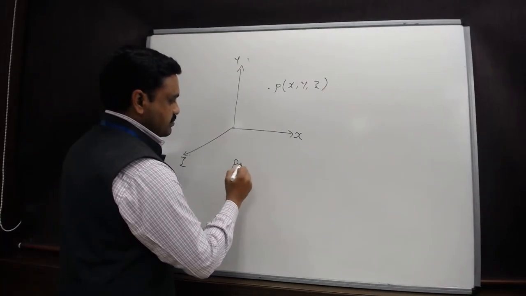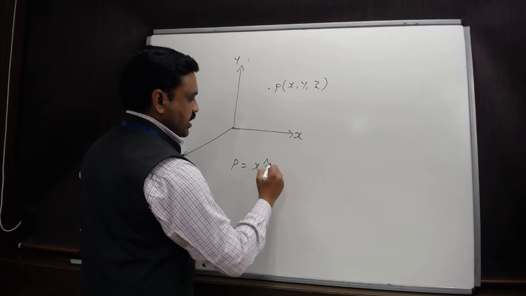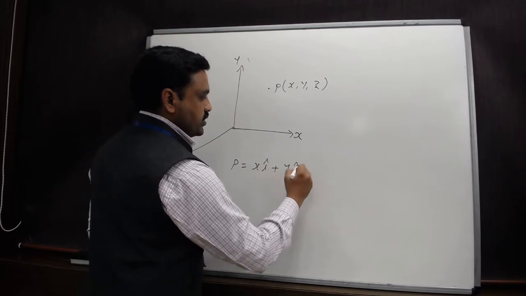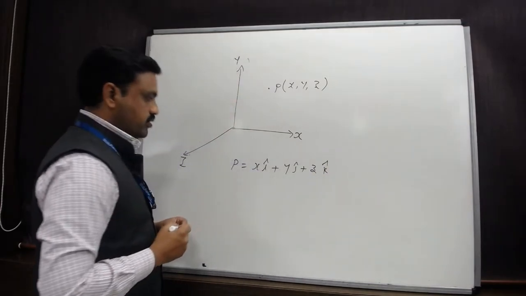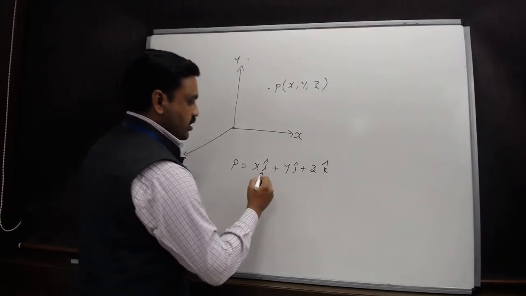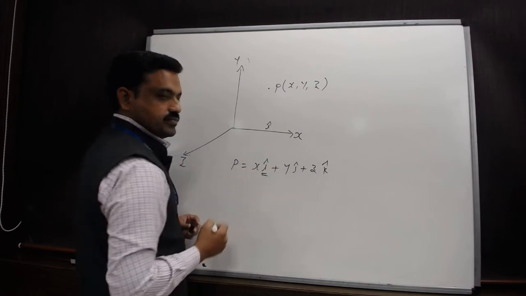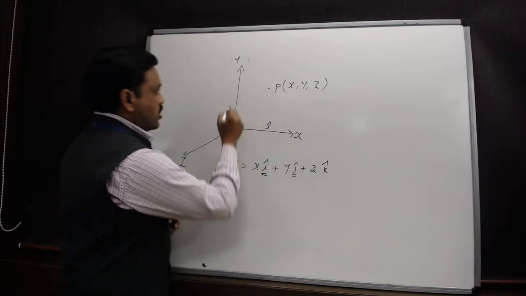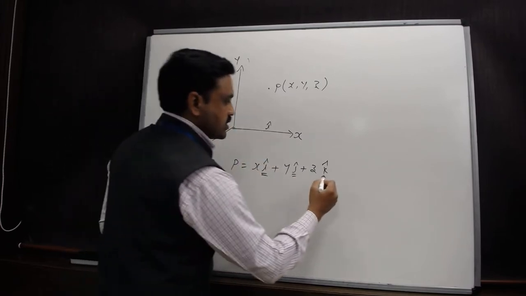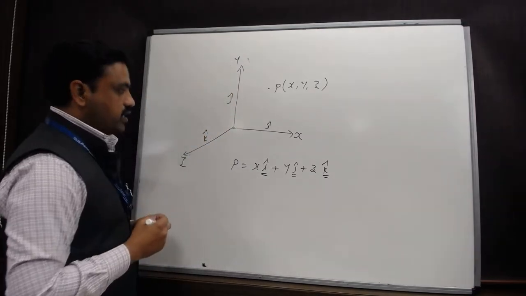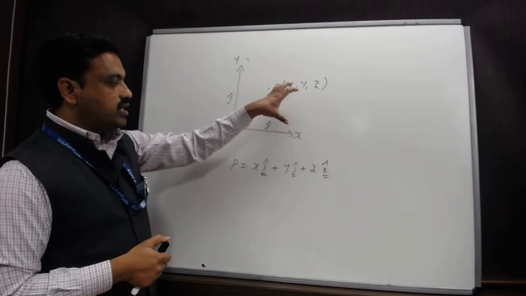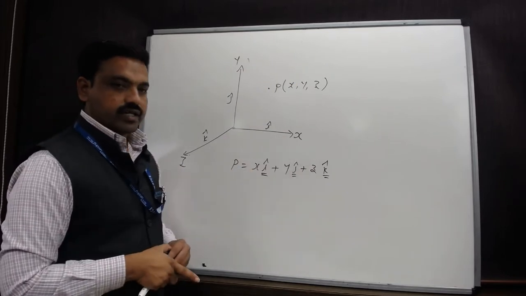I can write P is equal to x i cap plus y j cap plus z k cap. Here i cap is a unit vector along the x axis, j cap is a unit vector along the y axis, whereas k cap is a unit vector along the z axis. So any point we can represent in the form of a vector.